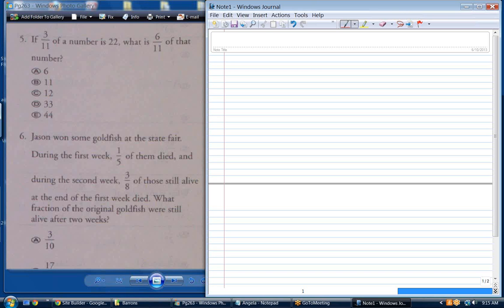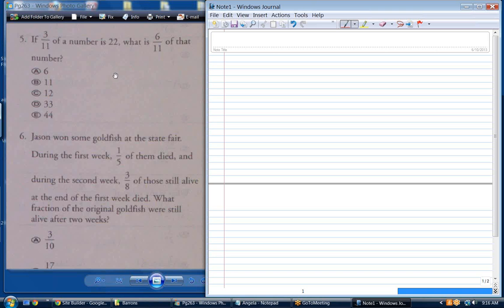Now this one I probably use back solving. Okay, that's not a bad idea. Before you even go that route, look at the relationships of the numbers. In other words, they're telling you 3/11ths and they want to know 6/11ths. 6/11ths is what compared to 3/11ths?